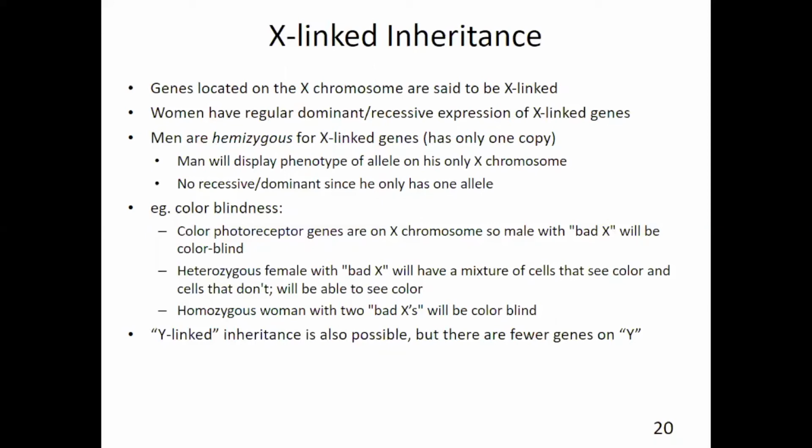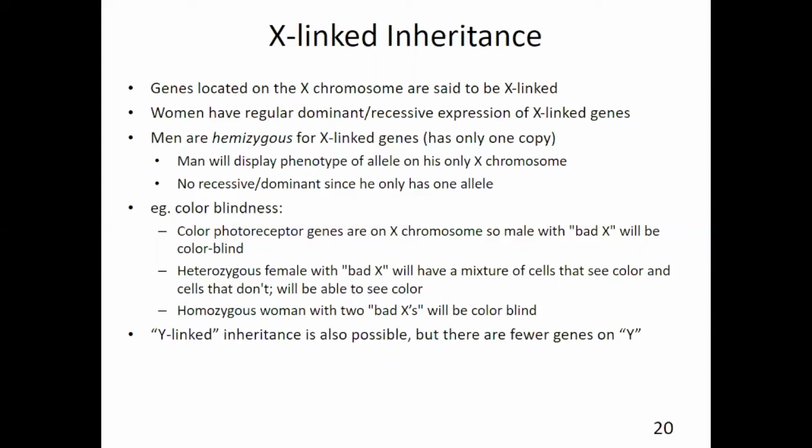Men, however, only have one copy of the X chromosome. So whichever allele happens to be on their X chromosome is the phenotype they will express. So if a man inherits a dominant allele, the man will have normal color vision.